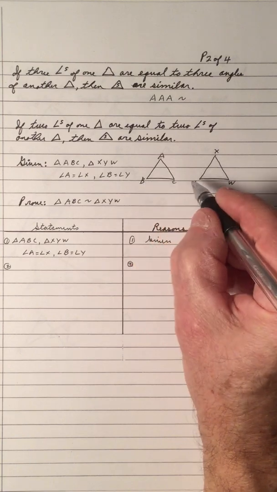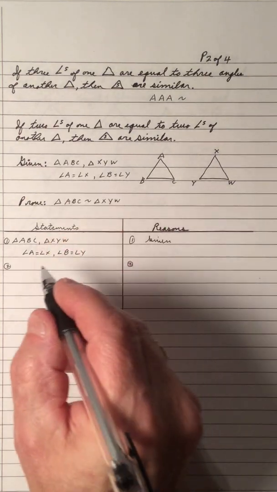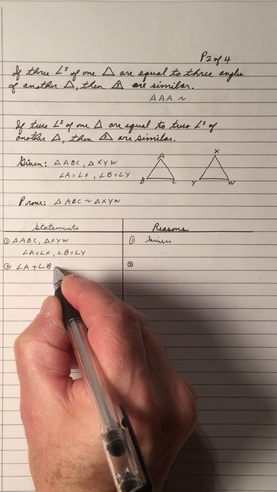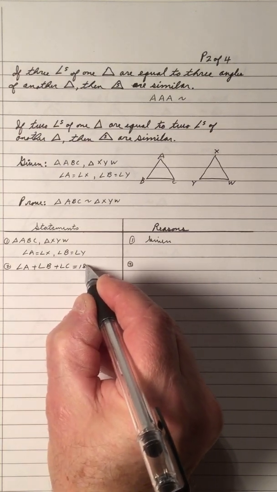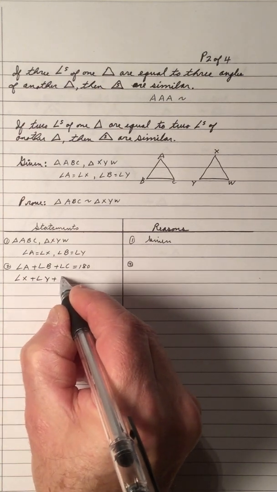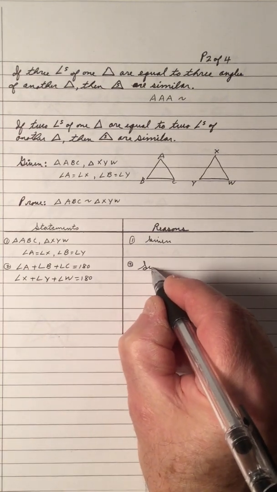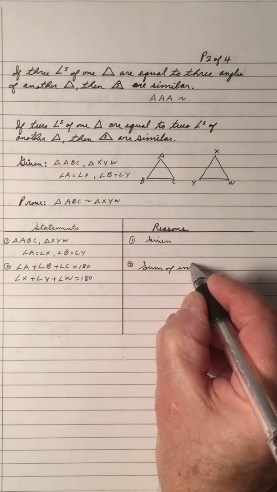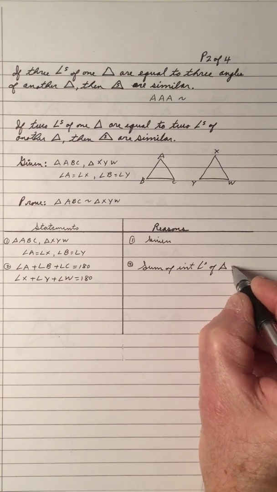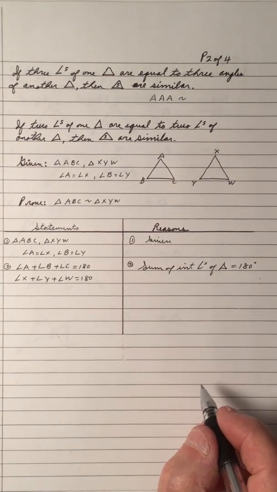Notice A goes with X, B goes with Y, C goes with W. We're dealing with angles, so we can say that angle A plus angle B plus angle C is 180 degrees, and angle X plus angle Y plus angle W is 180 degrees. That's called the sum of the interior angles of a triangle equals 180 degrees, the sum of the angles of a triangle theorem.